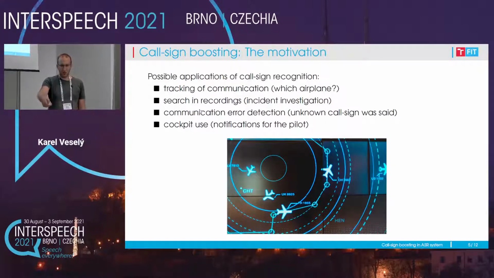Or it's possible to use it for communication error detection, if a wrong call sign is said on the air. And also for cockpit use: sometimes pilots have problems with local accents, so it could assist them if it's shown on some system.